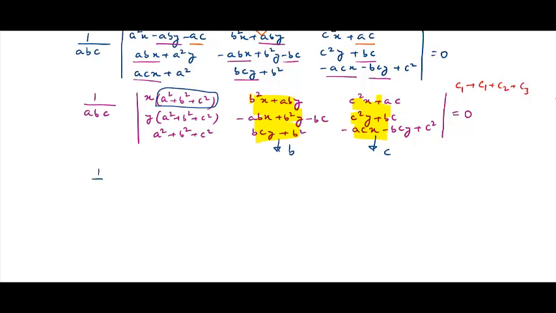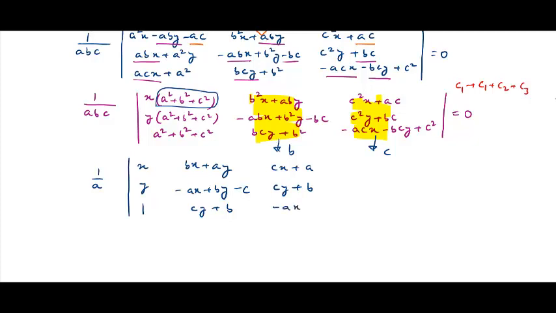So this looks like 1 upon A times x y 1, bx plus ay, minus ax plus by minus c, cy plus b, cx plus a, cy plus b, and minus ax minus by plus c equals to 0. We get this expression.